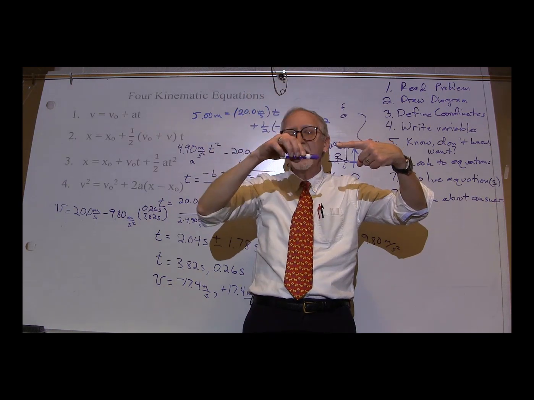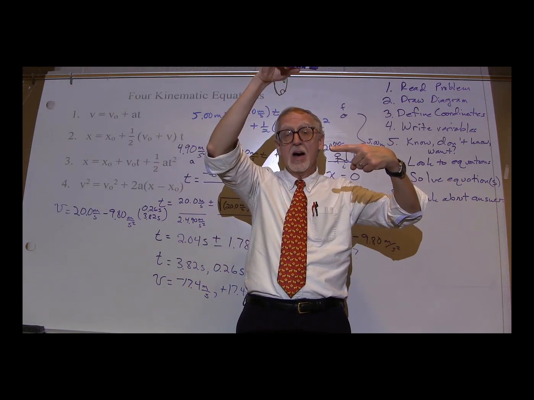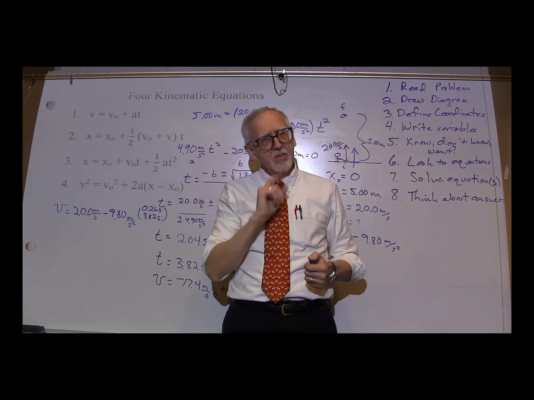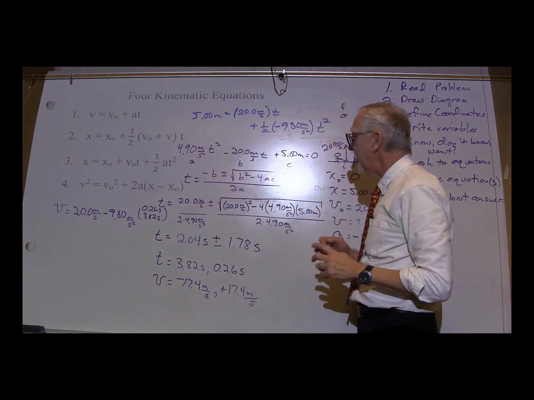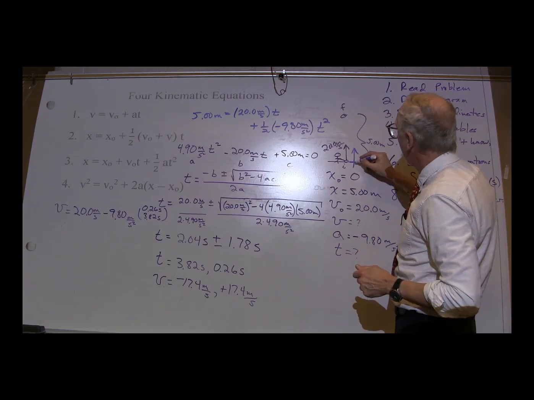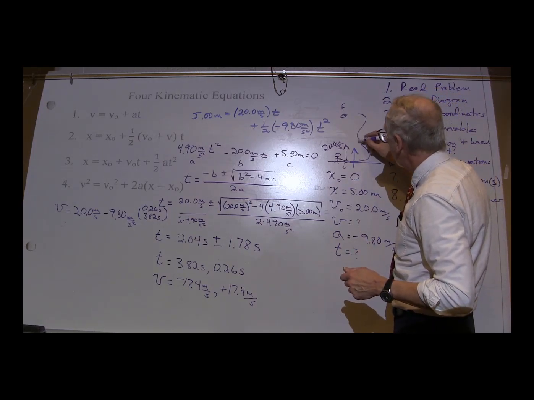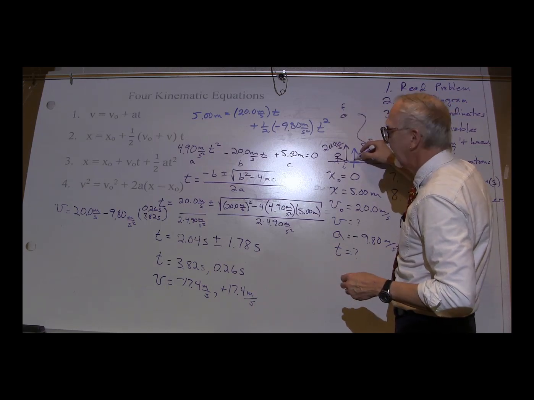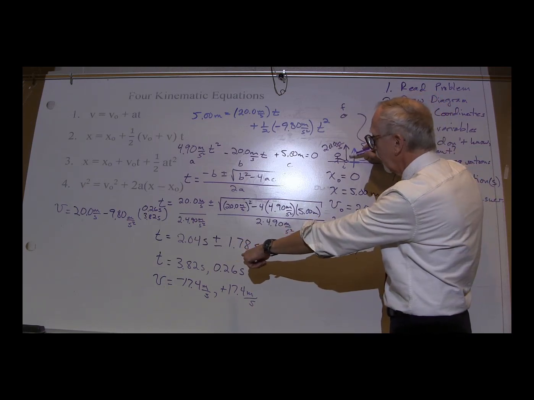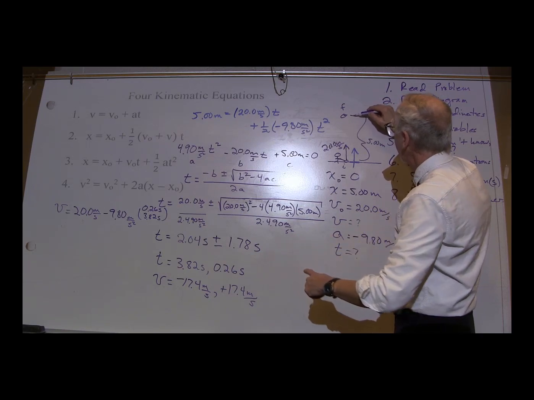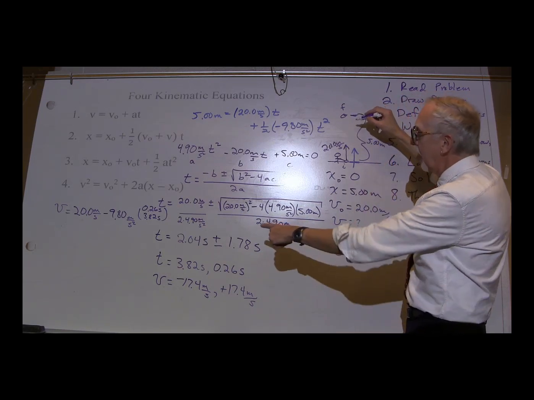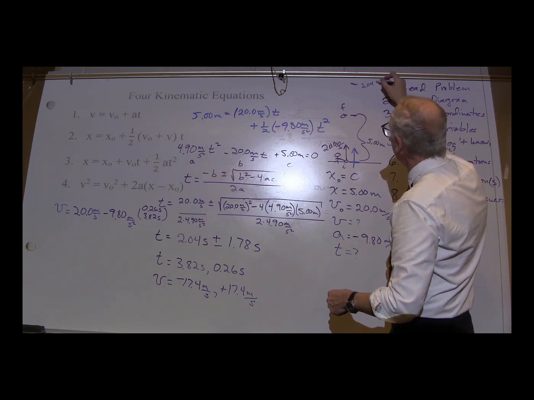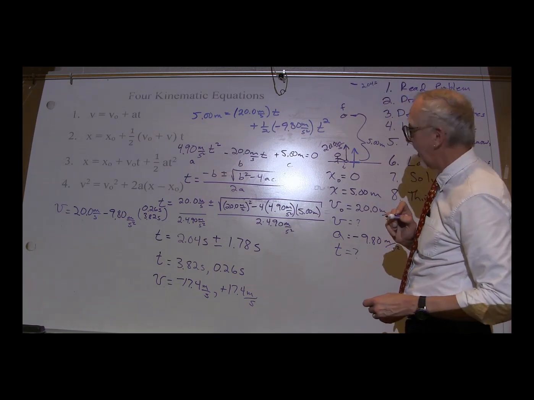Or 1.78 seconds before it got to its maximum height, it's also at 5 meters. This is very interesting. So it takes 0.26 seconds to get up to 5 meters, but 2.04 seconds to get up to its maximum height.